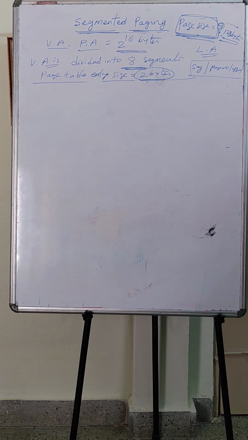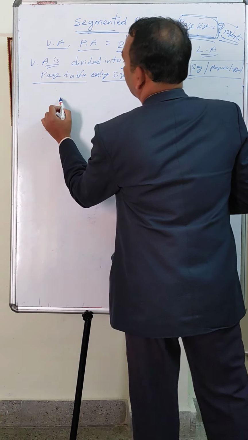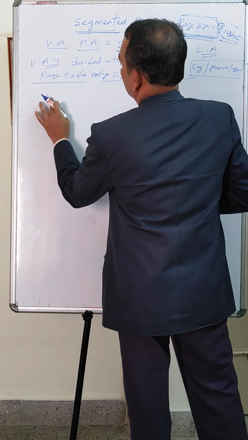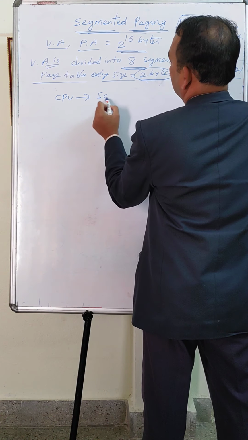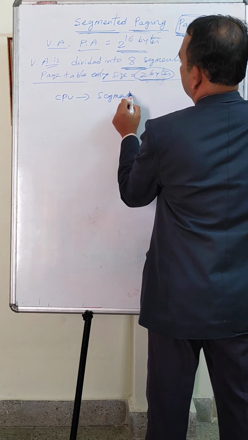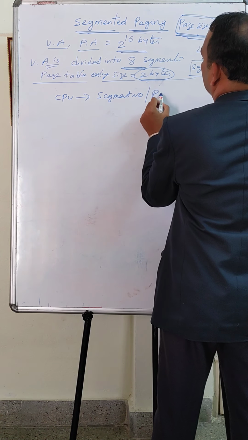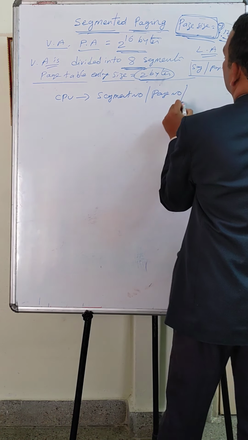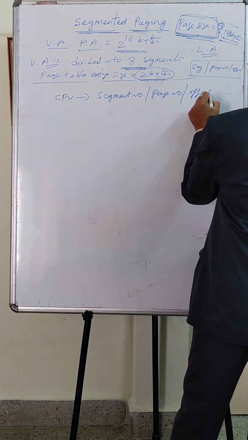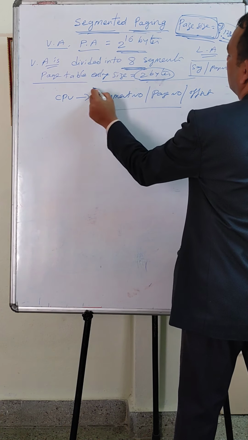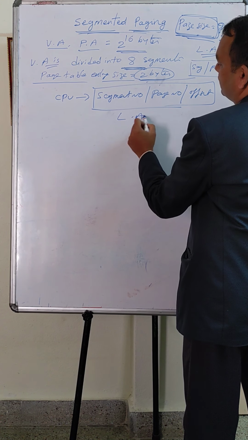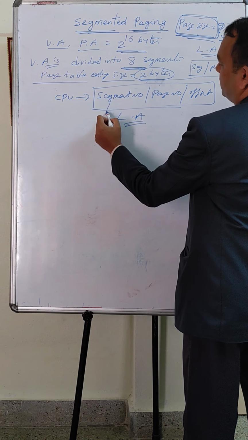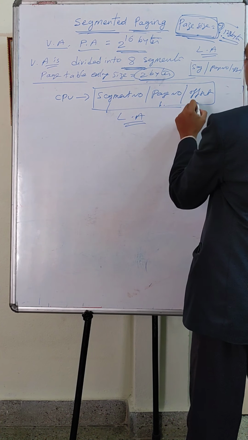Number of bits required for segment. The CPU generated segment number, page number, offset, right? Now we are going to calculate this logical address: how many bits for segment, how many bits for page number, how many for offset.